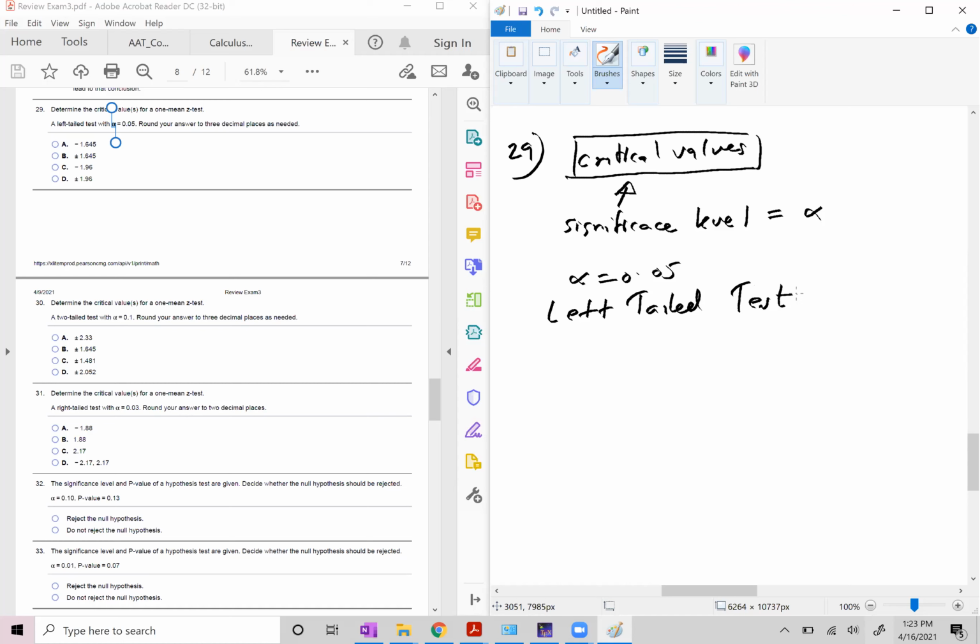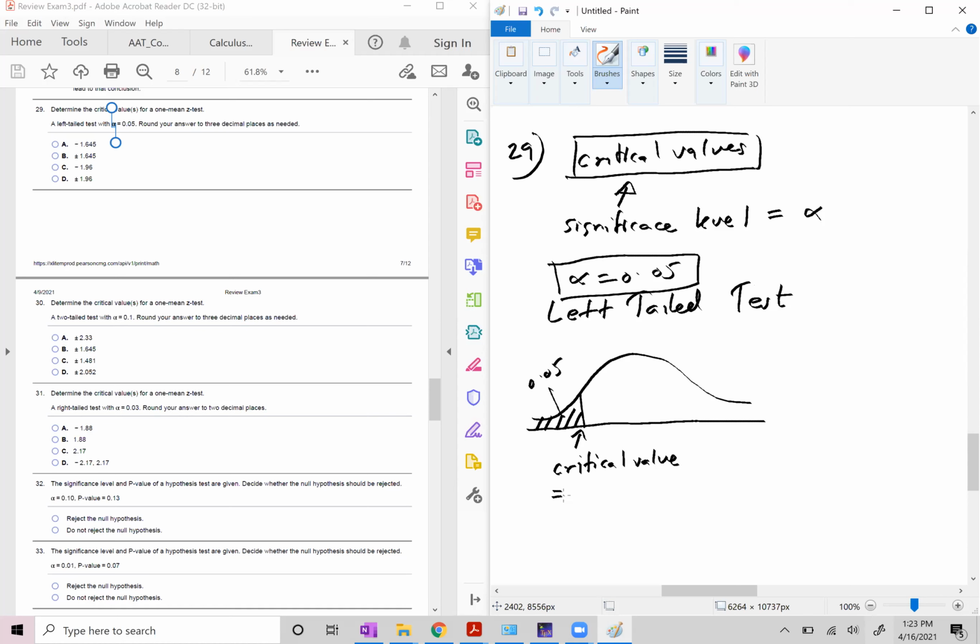If it is a left tail test, remember what to do. You find the critical value like this. You give this whole alpha towards the left-hand side, 0.05 to the left, and the value here is going to be the critical value.